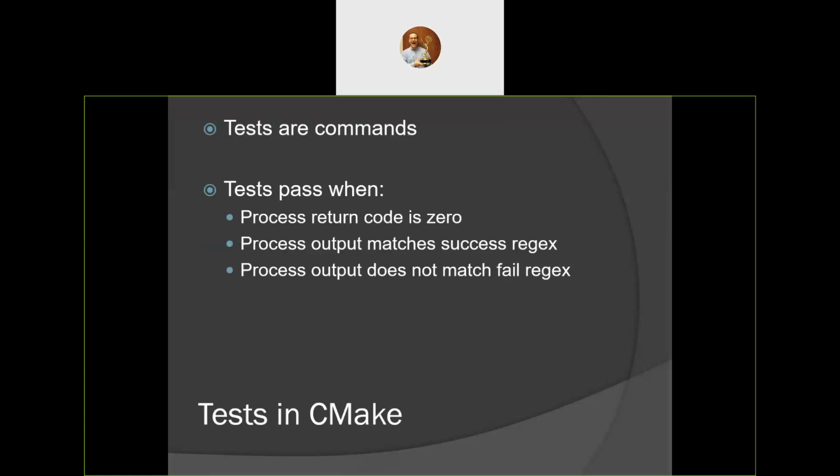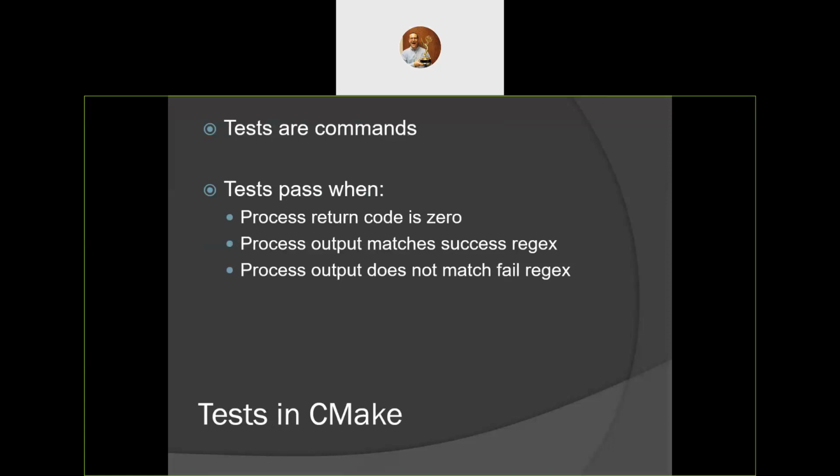This is in contrast to Google Test, where a test is essentially a class that has a test body that is executed as part of a test case. And so within a Google Test executable, there are many test cases, whereas in CMake, every test case is a single command. So it's typically a single executable.